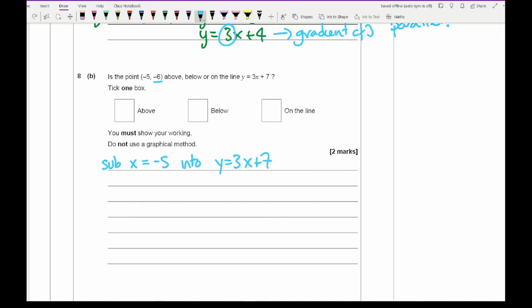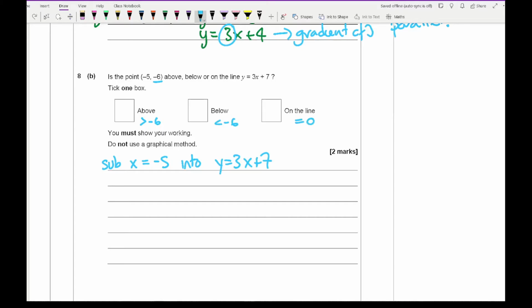If it's below, it's going to be smaller than minus 6. And if it's above, it's going to be bigger than minus 6. So it's above if it's bigger than minus 6, below if it's less than minus 6, and on the line if it equals minus 6.